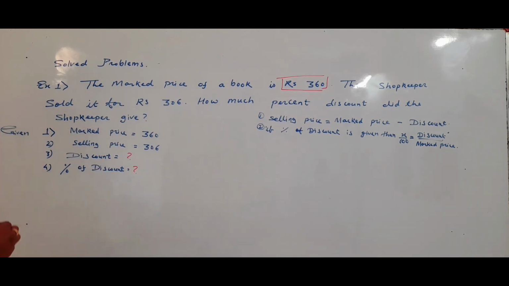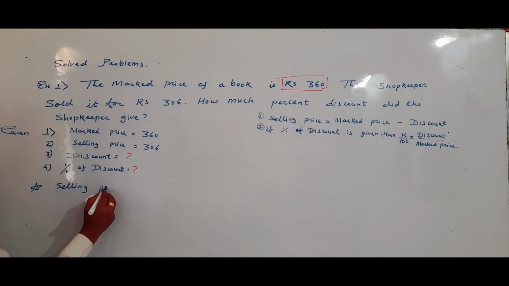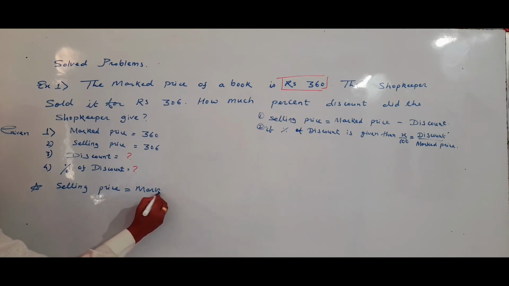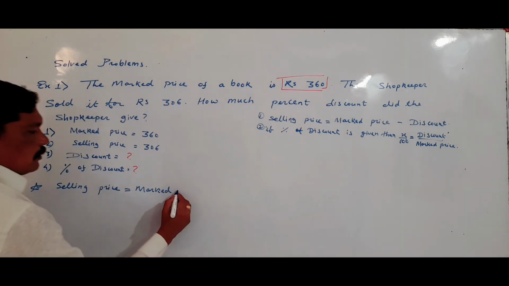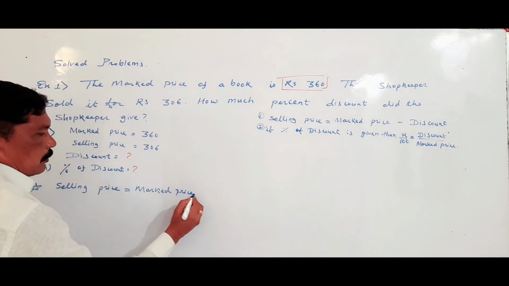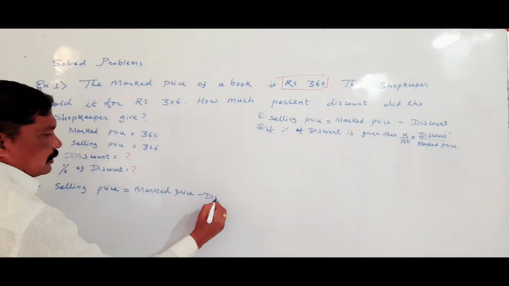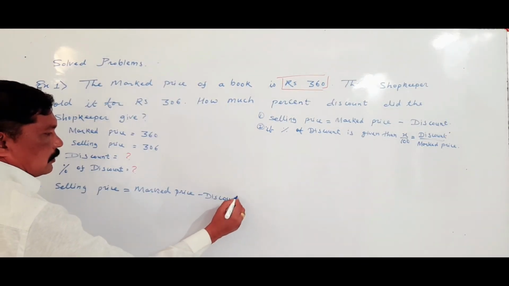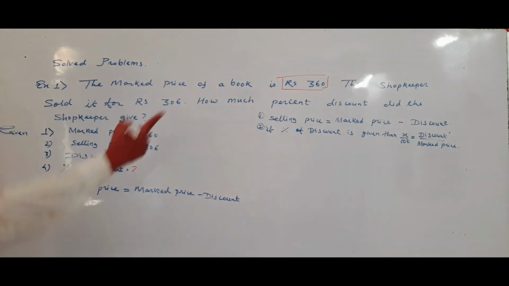Discount. We know one formula: selling price is equal to mark price minus discount.